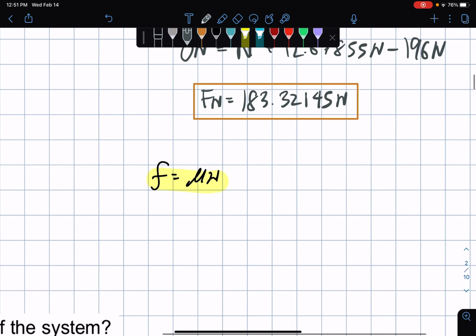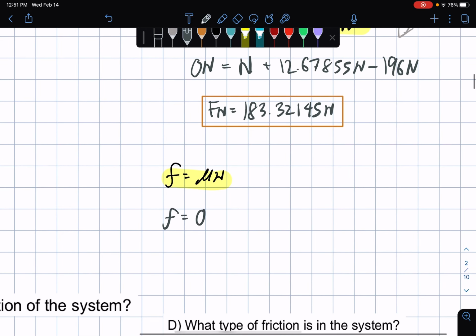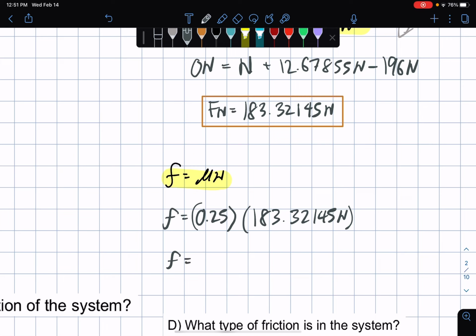So friction is equal to frictional coefficient, I believe it's 0.25. Yes, 0.25. Frictional coefficient, by the way, has no unit, so you just write the number. And the normal force is said to be 183.32145 newtons. What is the value equal to?